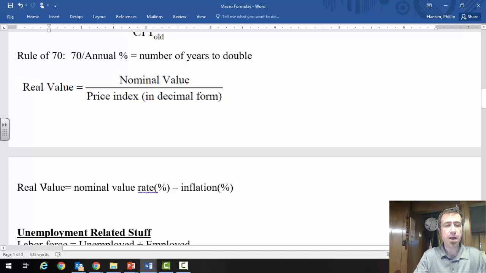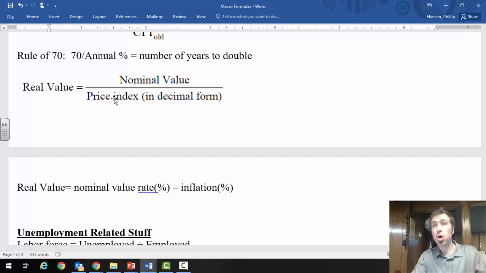So you might have to calculate real value using either of these. Of course, for real GDP, it would be the GDP divided by the price index. In this case, it would be the GDP deflator, a similar but different price index. We've talked about that in the past. That's the only difference.